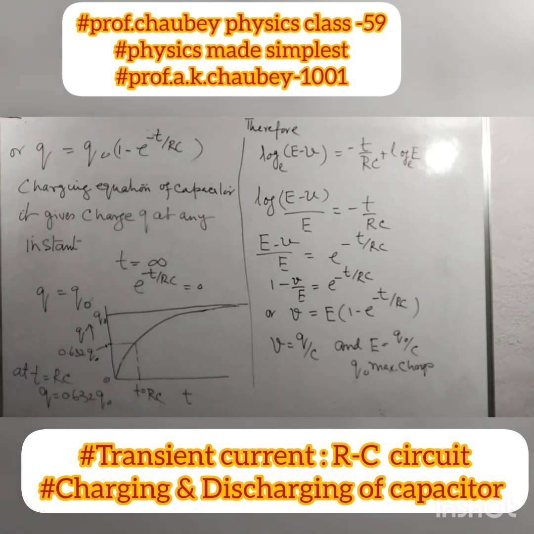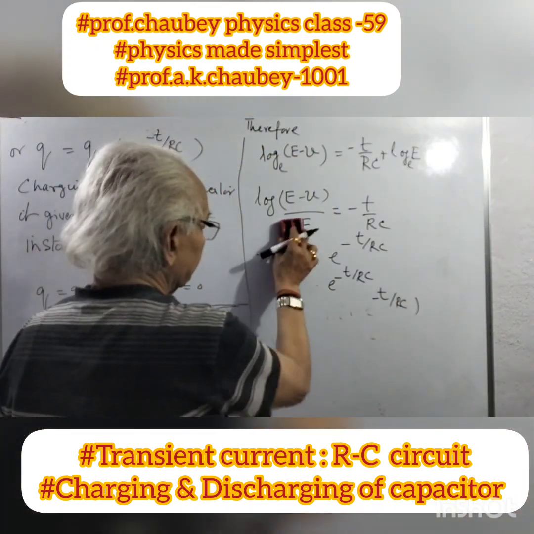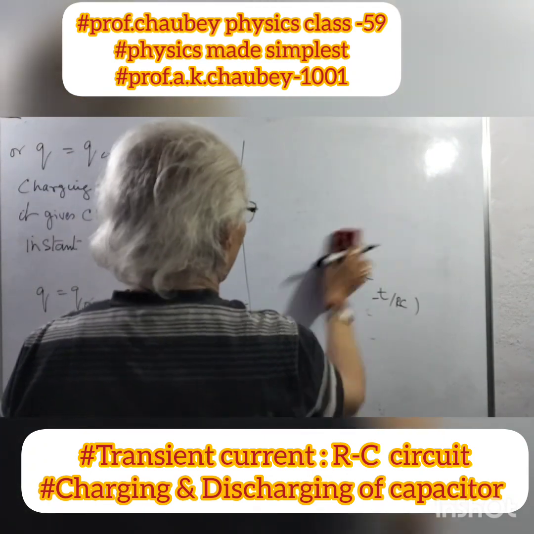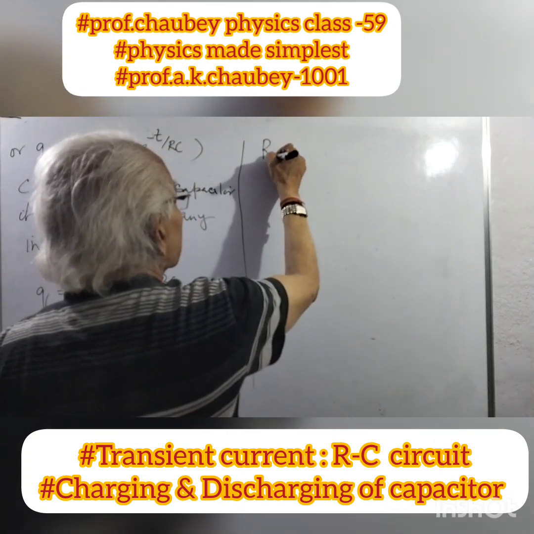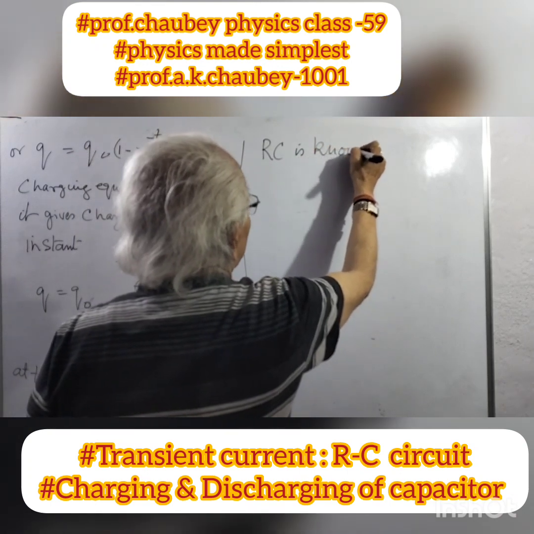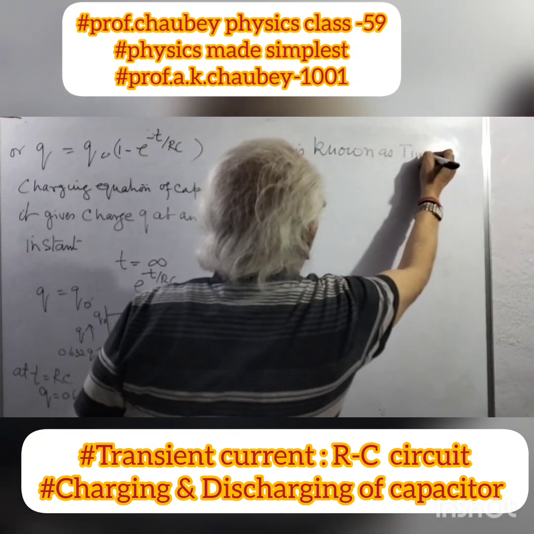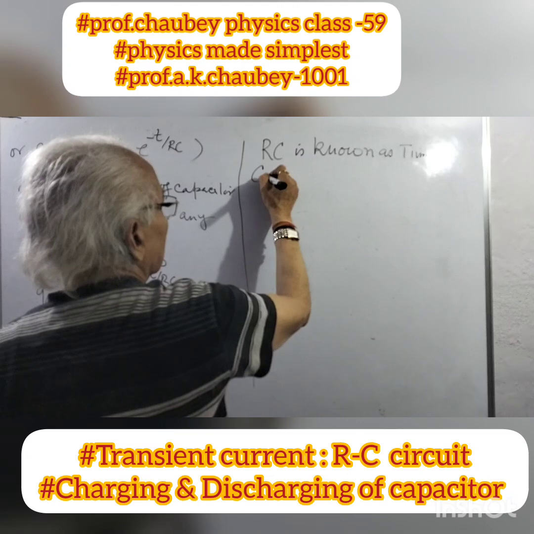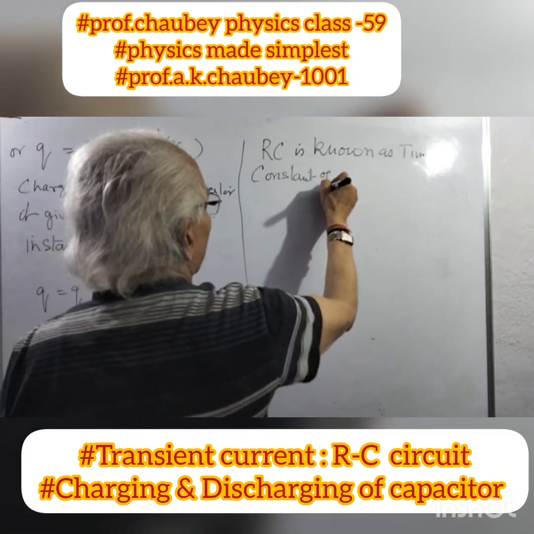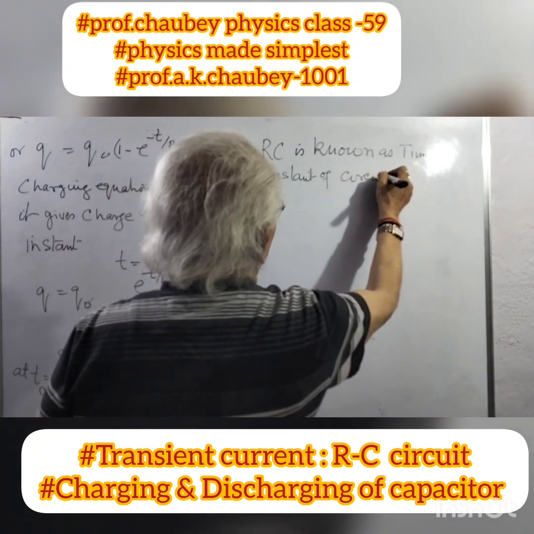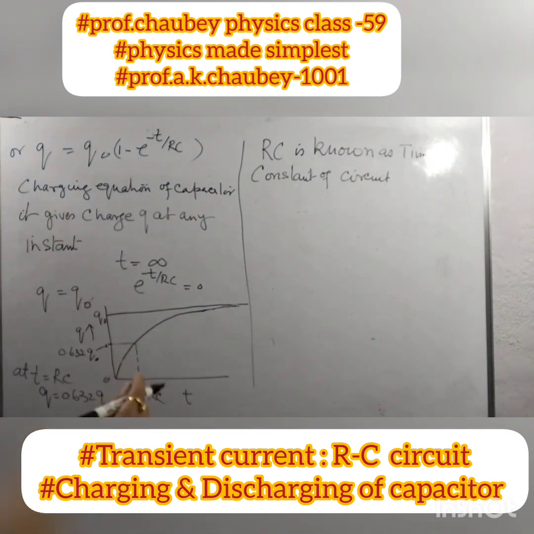So this is the exponential charging of a capacitor. Just as we have L over R in the LR circuit, here RC is known as the time constant of the charging circuit. Since e to the power minus t over RC is dimensionless, RC must have the units of time.